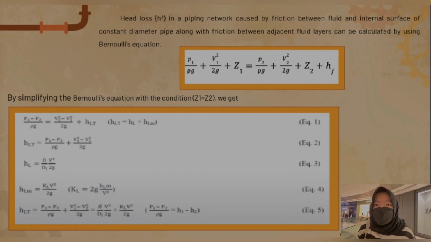Friction head loss, which describes the amount of energy transformed into heat per unit weight of the fluid, is the common name for this shift in energy. So we can simplify the Bernoulli equation and then, of course, we will use the condition that Z1 equals Z2.